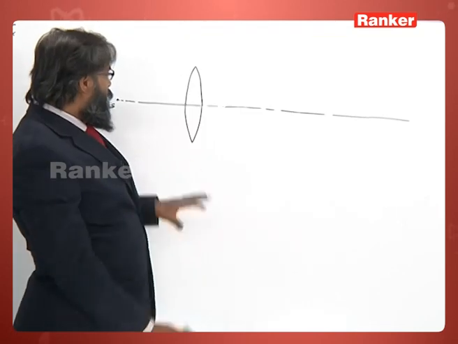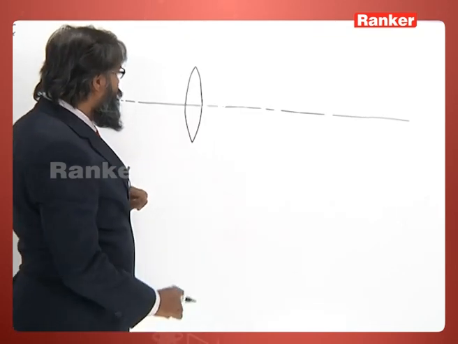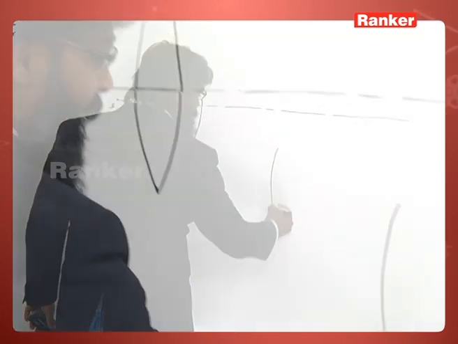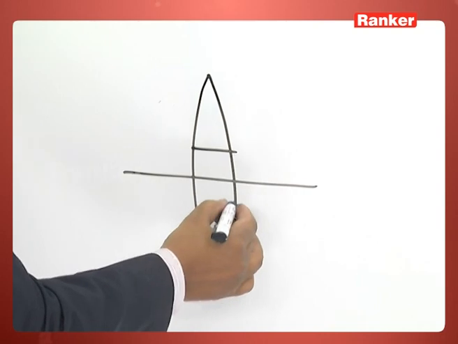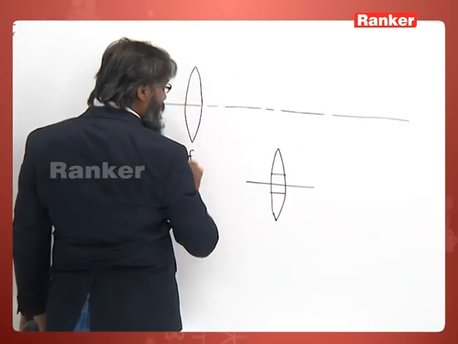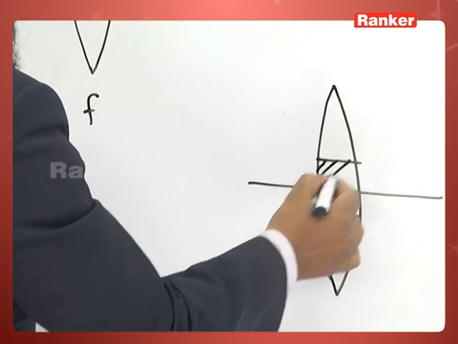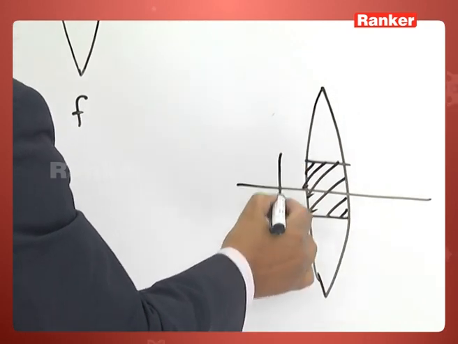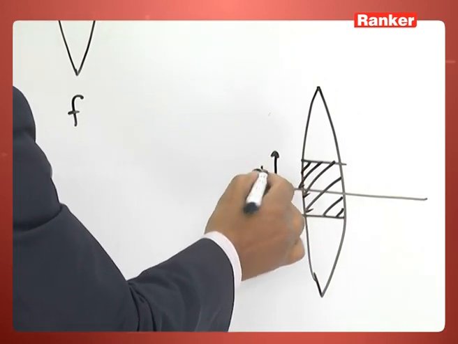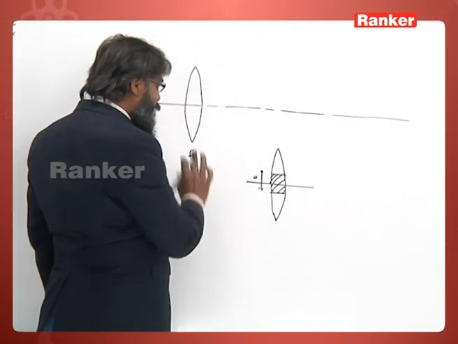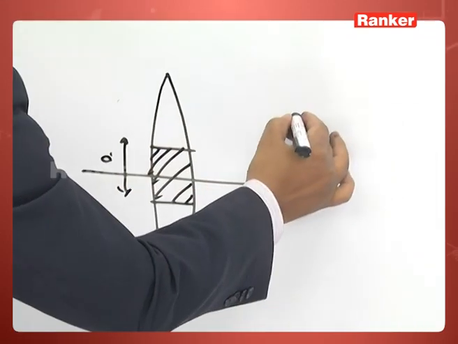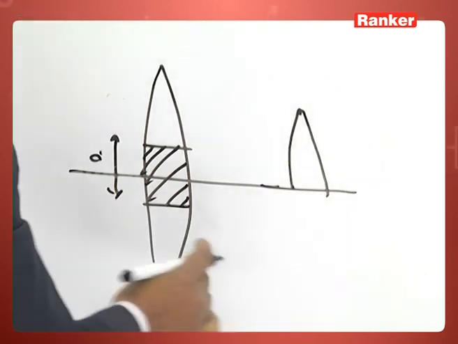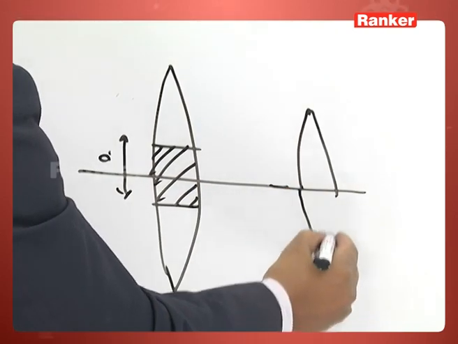Now this is my lens, which was earlier a lens like this, with a focal length f. This portion is removed. This portion has a width d. This has been removed, and now this upper half is brought here and this lower half is brought here.